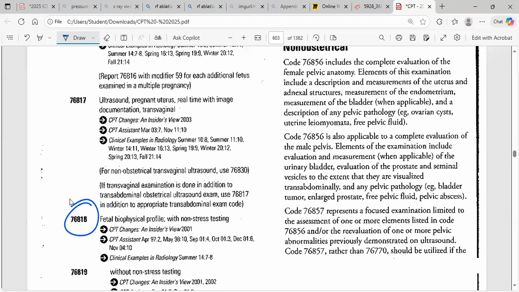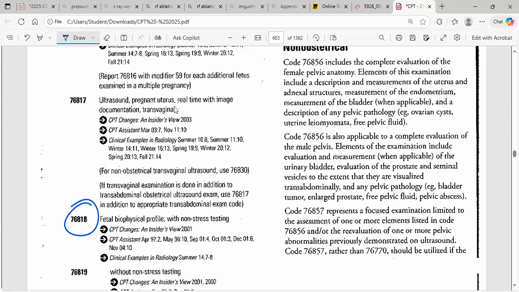It includes the amniotic fluid, fetal breathing, fetal tone, and the baby's gross body movement. This profile can be performed with or without non-stress testing. Non-stress testing represents whether the baby is reactive or non-reactive.